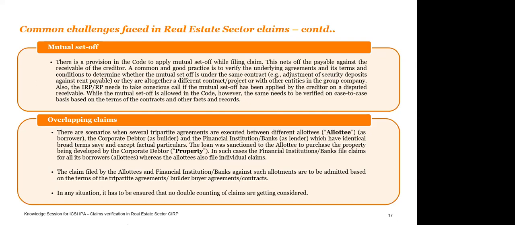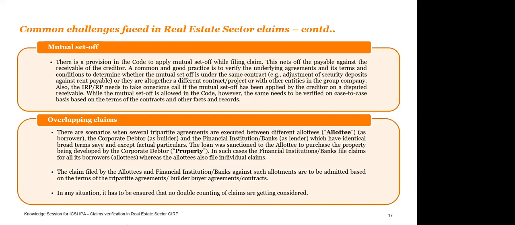If so, then the claim of the financial institution is to be taken. If the home buyer is paying the normal EMI and there is no default in the account, then primarily the allottees or the home buyers should be treated as the financial creditor and admitted in claims, not the financial institution.